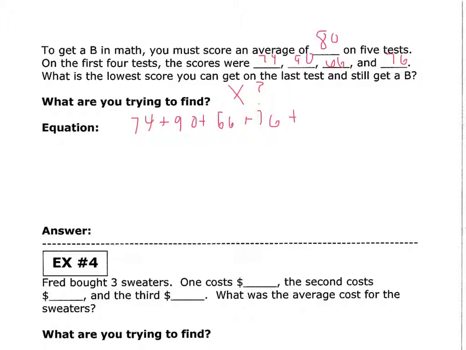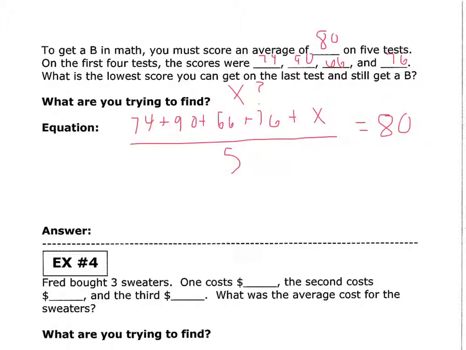Okay, we do not know what that is yet, so it is x. Okay, and we know we're taking 5 tests. We're going to divide it all by 5, and we're going to set that equal to 80. Okay, 80 is our average that we needed.